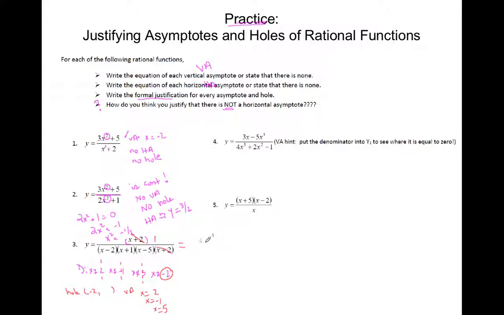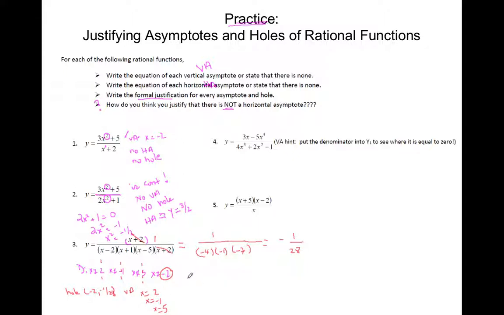So you get 1 over -4 times -1 times -7, and that is -1 over 28. Check my math on that.